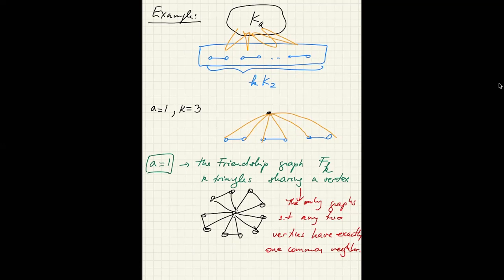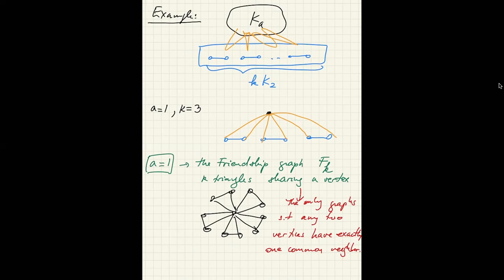So you can think of a graph representing some kind of social network, friendship network, and so on. And you can ask the question, which networks are the ones in which every 2 people have exactly one common friend? And it turns out that these are the only graphs. It's easy to see why that's true in these graphs, because if you take the center and any other vertex, there's a unique triangle that contains them.